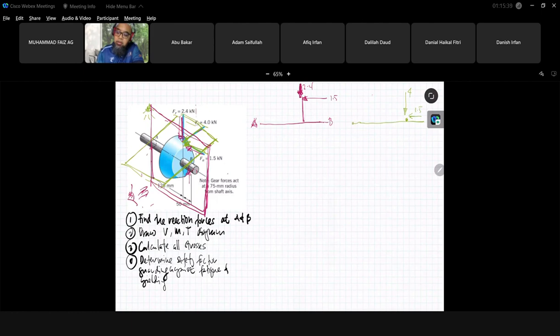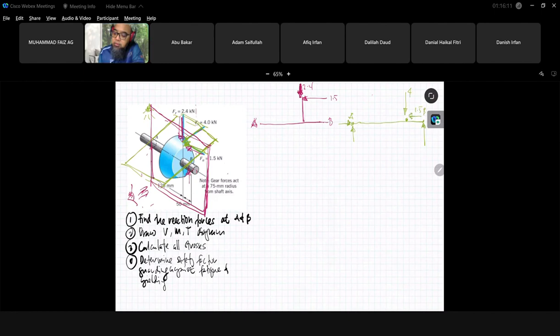Okay, this A is the B. Then we could do the reaction force for A here, and another reaction force, this one.